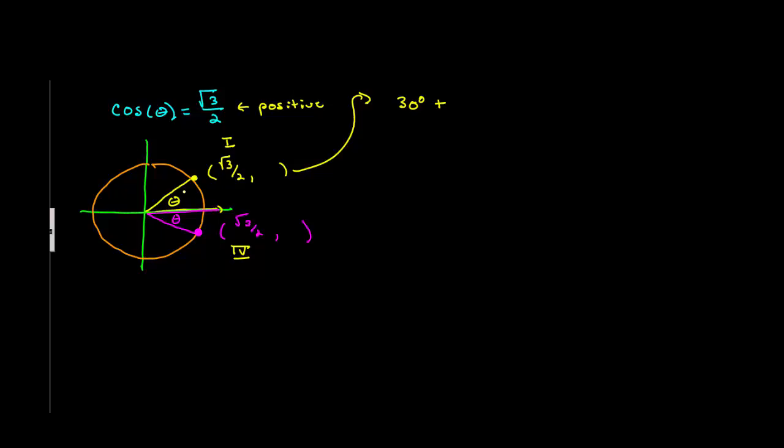So here's the first angle, but also if I wrap around 360 degrees from that point, I'll end up back there again. So what I want to do is start adding multiples of 360 degrees.